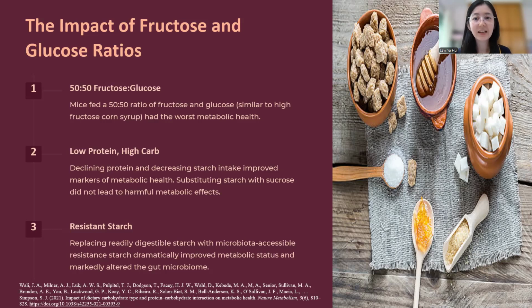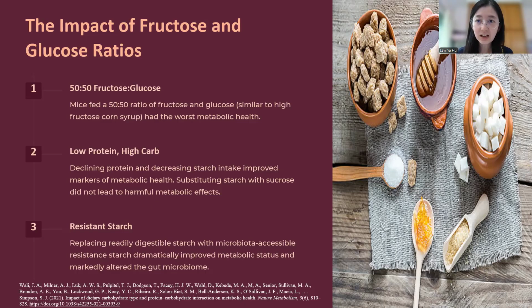And it is really surprising that high fructose corn syrup can have a worse health effect compared to sucrose, when we compare among the sugars, since sucrose is also made from the same two sugars.